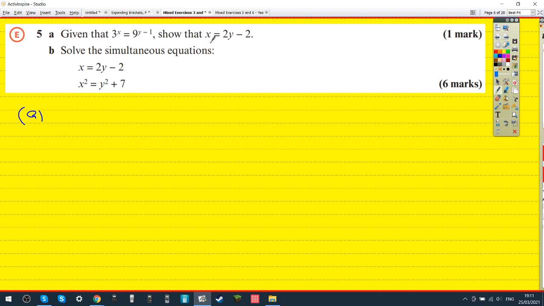You can't use the answer that they give you. Okay. So how would you do it? Good question. 3 to the power of x, you have to make it as 3 to the power of something.